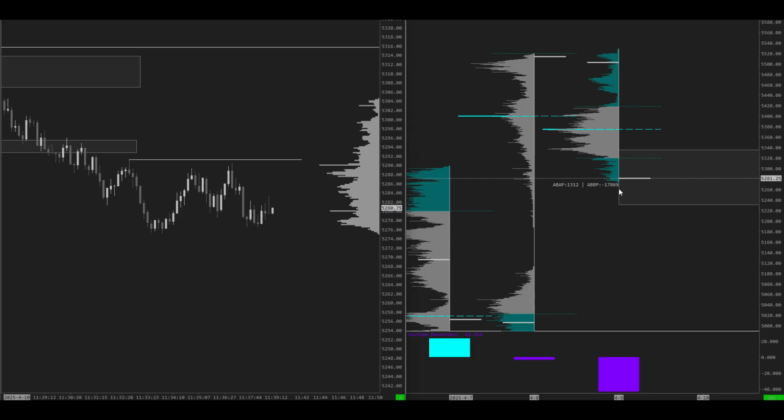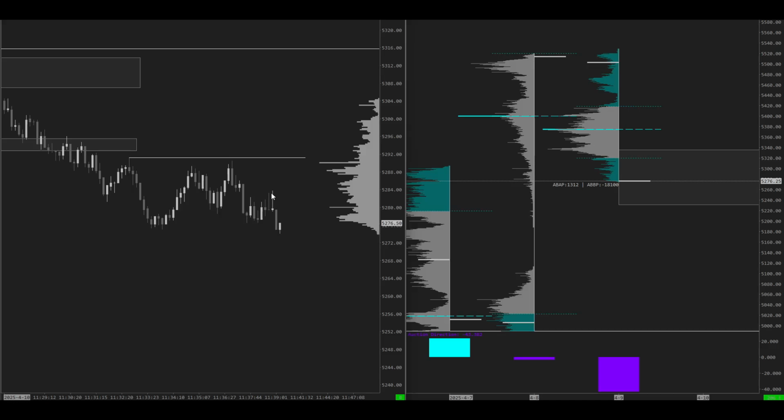We can see it filled most of it. It's still a bearish auction, so. Okay, I like that rejection. Put it down and slam it down.